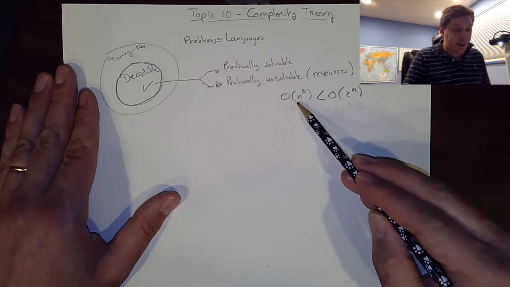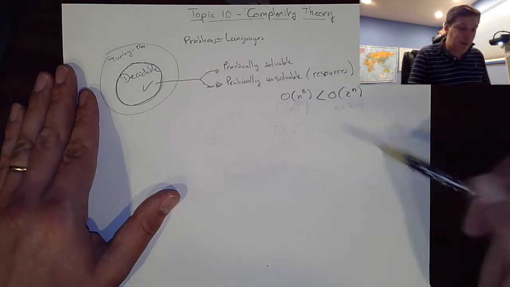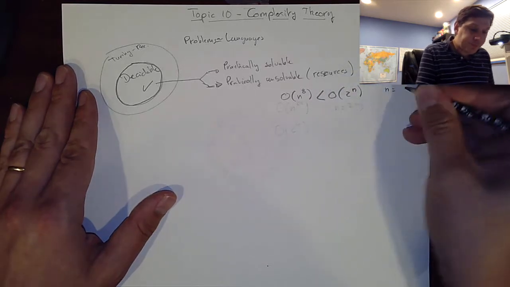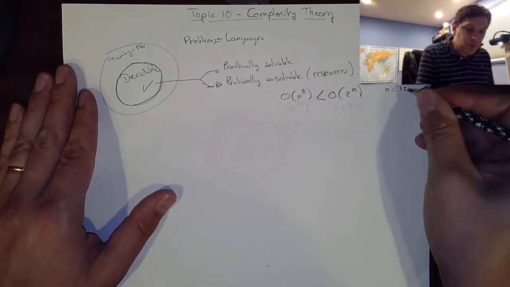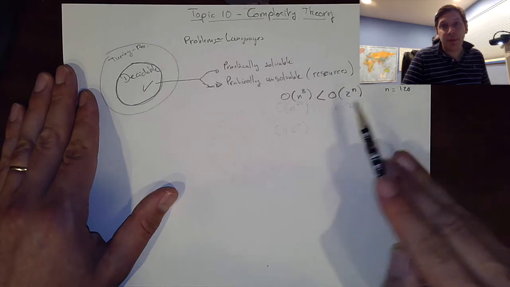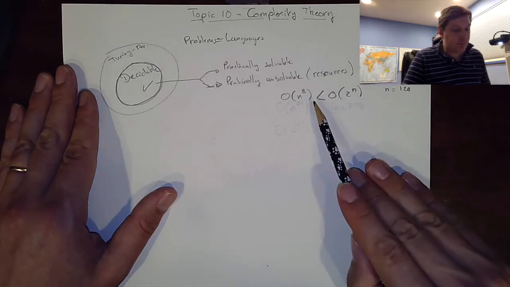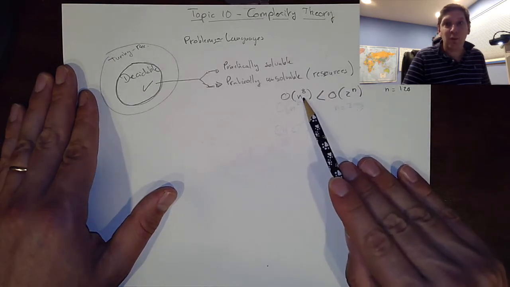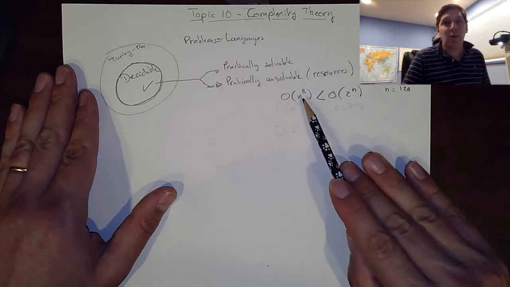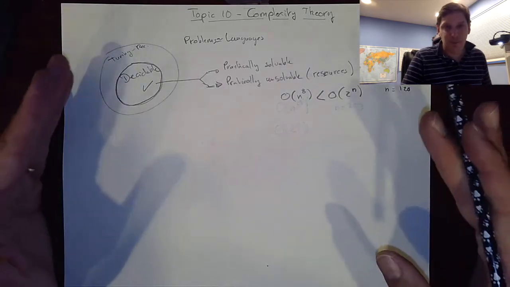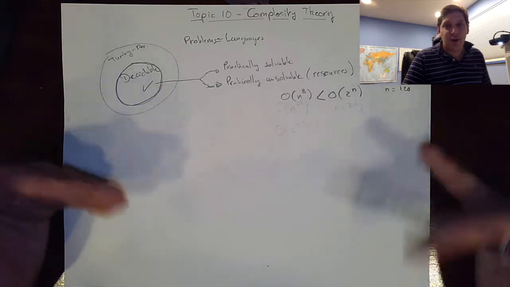If I take a number like n equals 120, for this one, I'm still going to have a fairly reasonable number of iterations.